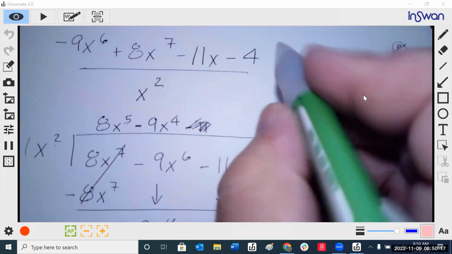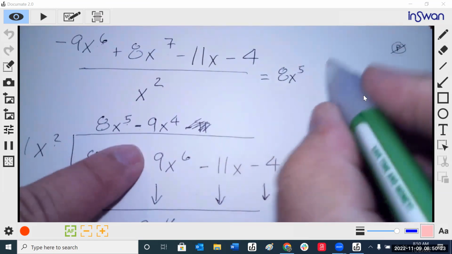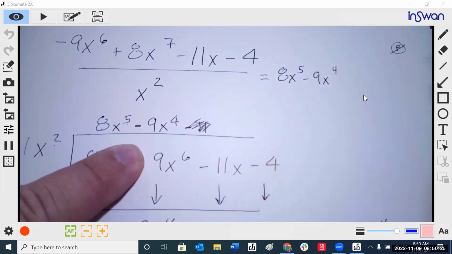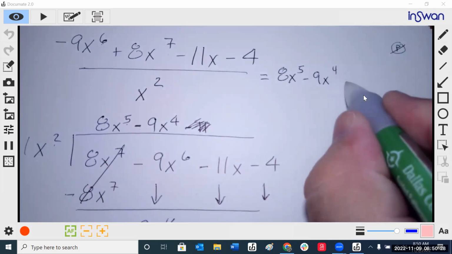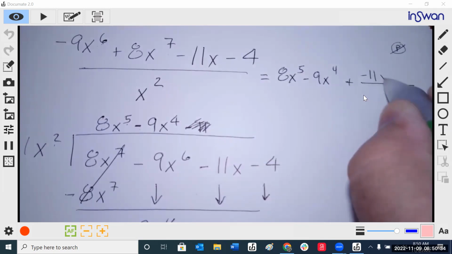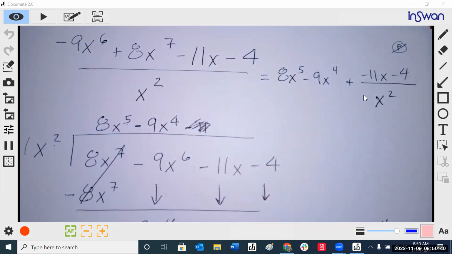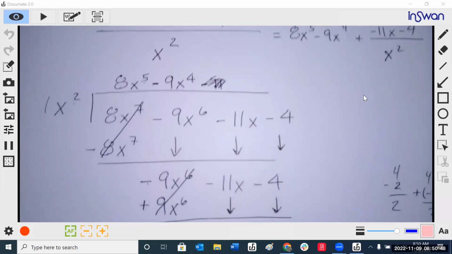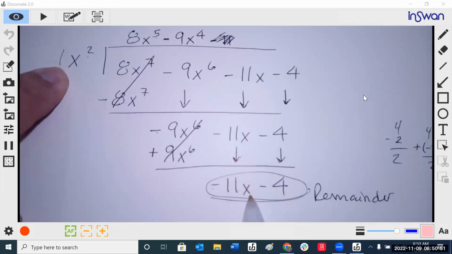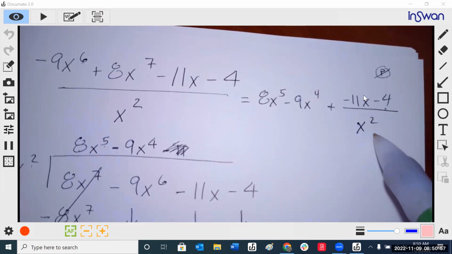So our answer is 8x to the 5th minus 9x to the 4th plus negative 11x minus 4 over x squared. So when you get to a point where x squared doesn't fit, whatever's here goes on top, divided over the denominator. That's how you write your remainder.